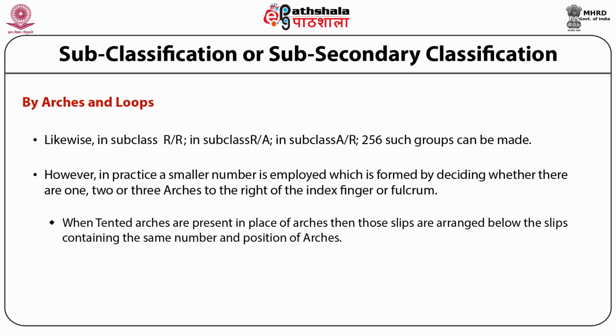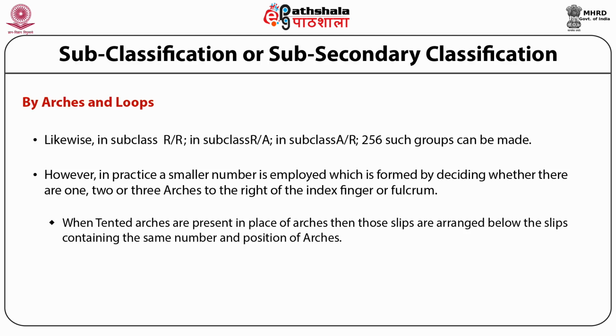When tented arches are present in place of arches, then those slips are arranged below the slips containing the same number and position of arches. Thus, small a, capital A, 2T would be arranged below small a, capital A, 2A group.